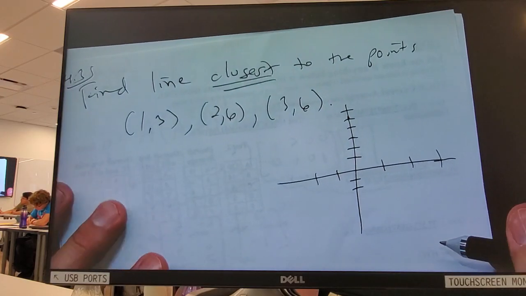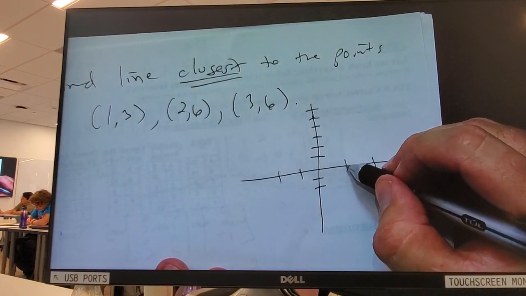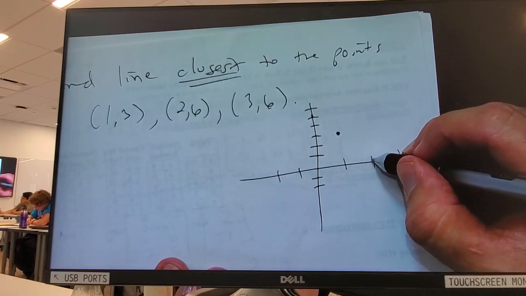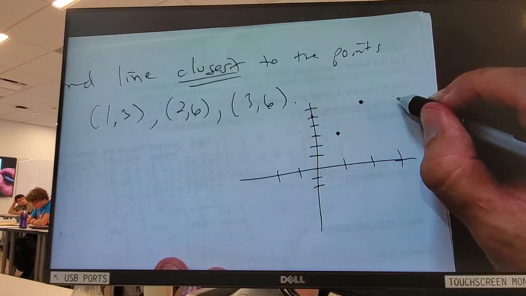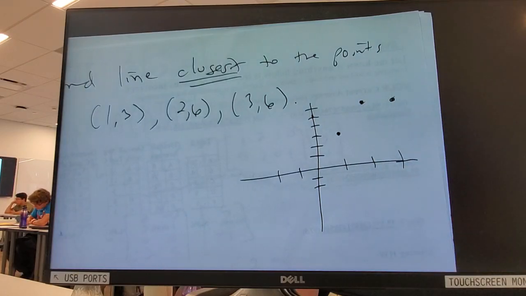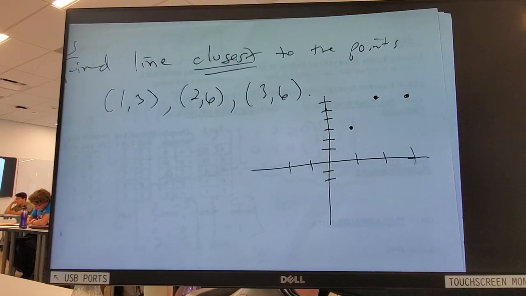So the points are 1, 3, 2, 6, 3, 6. Now, can everybody that has done that go and try to draw in a line that you feel graphically averages those 3 points?